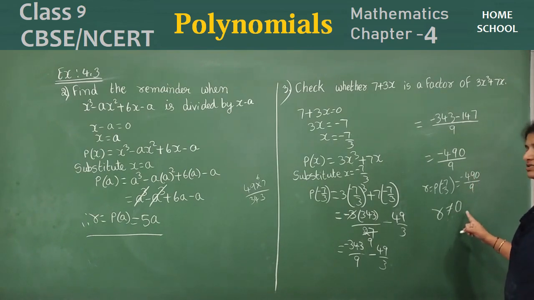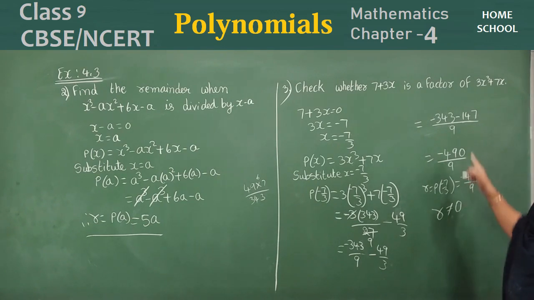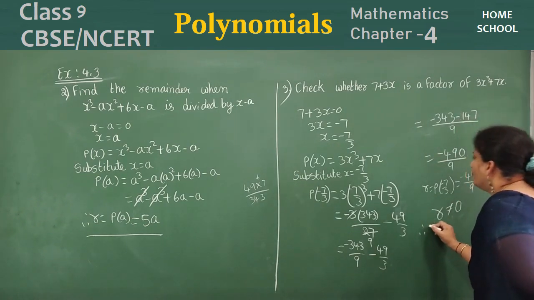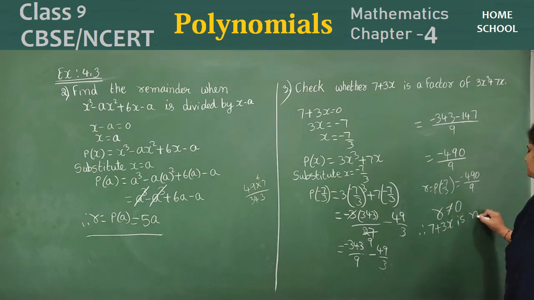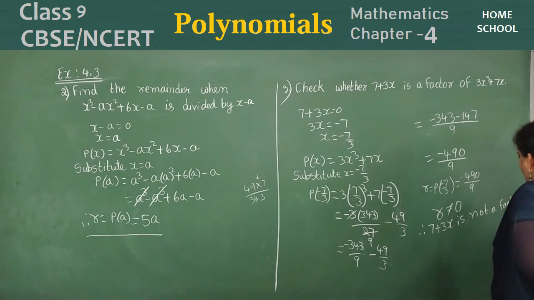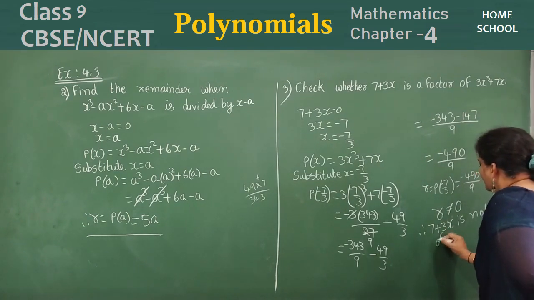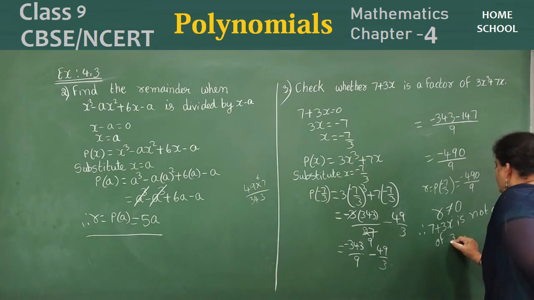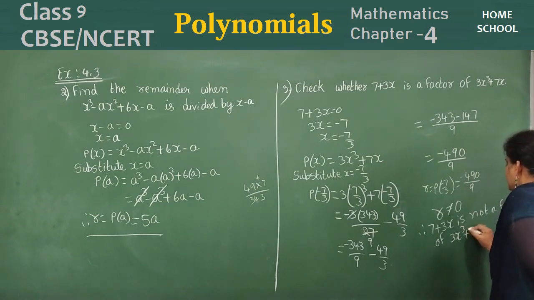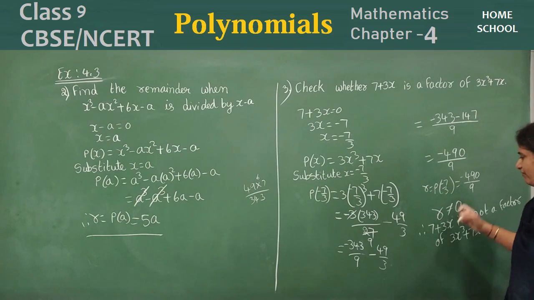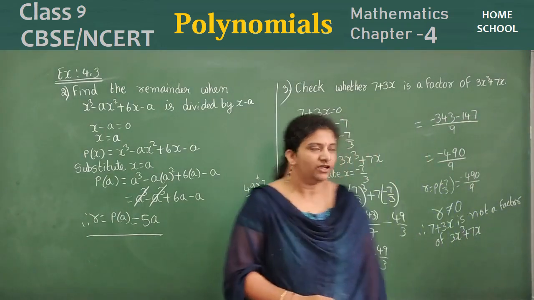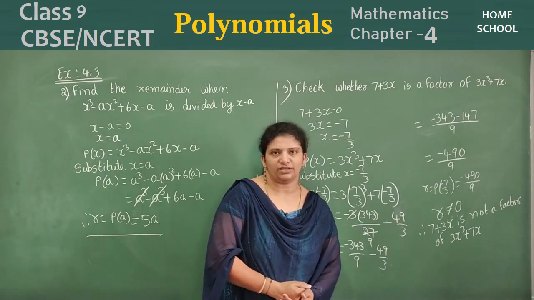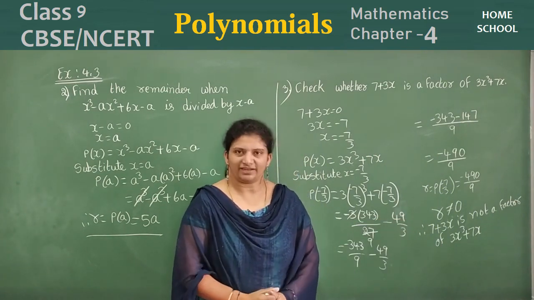If the remainder is not equal to 0, I say that therefore 7 plus 3x is not a factor of 3x cube plus 7x. If we get the remainder 0, children, it must be a factor. But we did not get remainder 0. Therefore, it is not a factor.